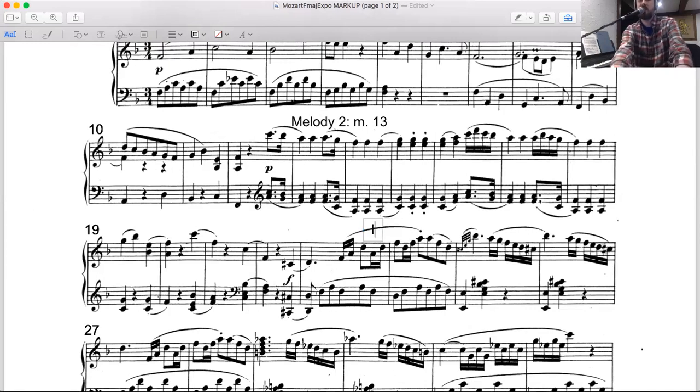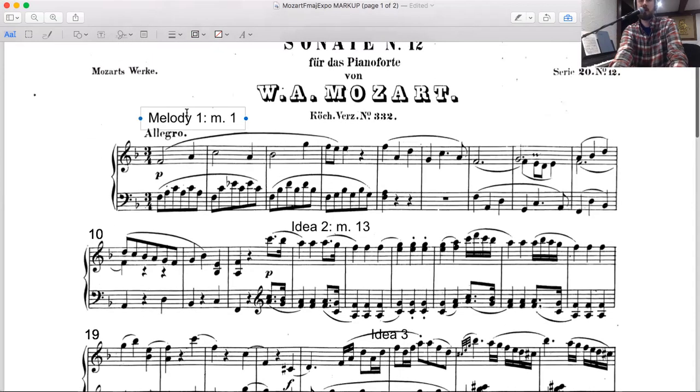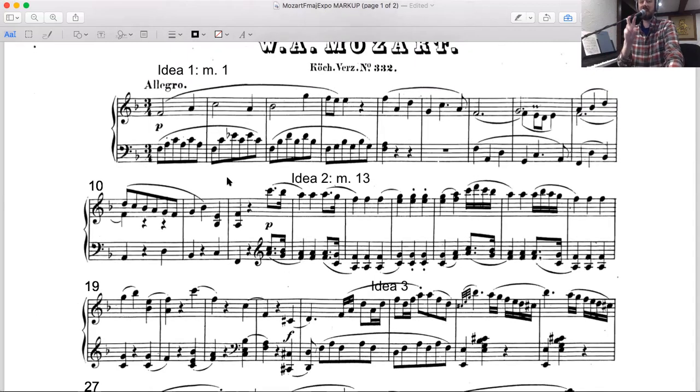I'm going to call this idea 3. I know this isn't a melody, so maybe I'll change that. Instead of melody, I'm just going to call it idea. I like that. Idea number 2, idea number 1. That's even less of a thing in sonata form.